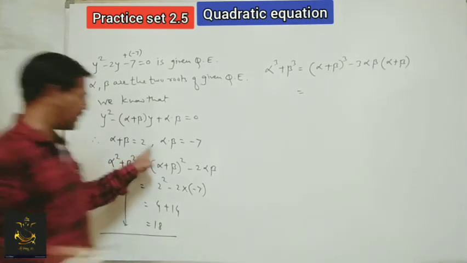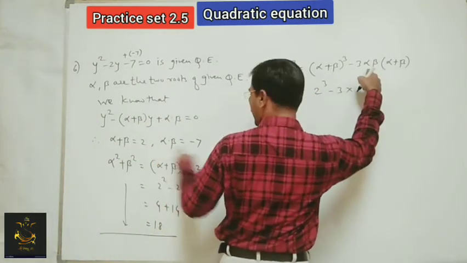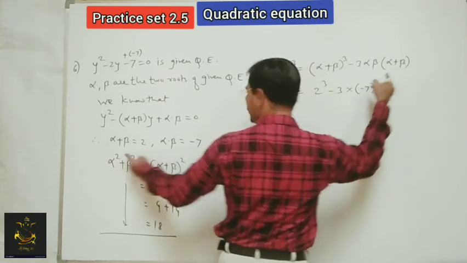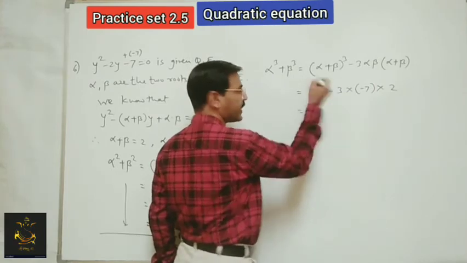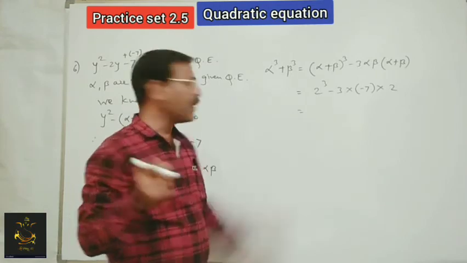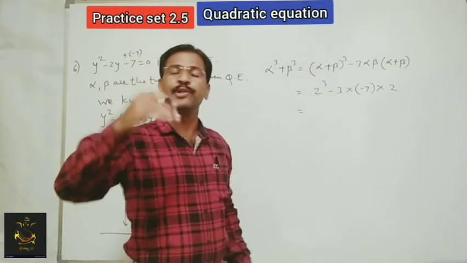That is 2 cube minus 3 into alpha beta, that is minus 7, into again alpha plus beta, which is 2 here. Look here, 2 cube. Is it 6 or 8? 8. Don't write 6. If 2 into 3, then 6. It is a power. 2 cube means 2 into 2 into 2.